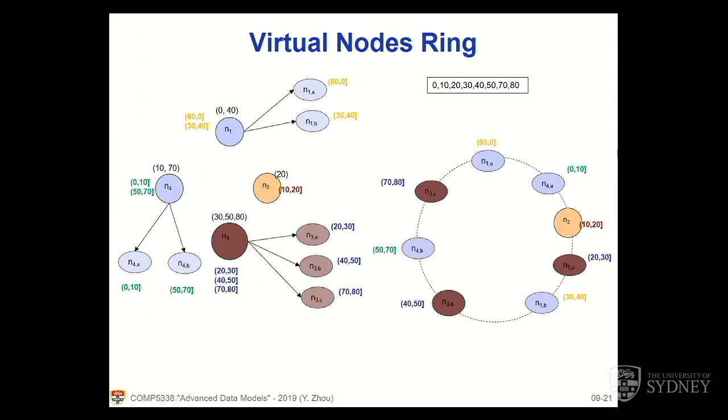So we can still form a ring. Now inside the ring we have virtual nodes, and they're actually located in the physical nodes. Like this node appears in these 3 positions in the ring, and this node appears in these 2 positions, and this in these 2 positions.